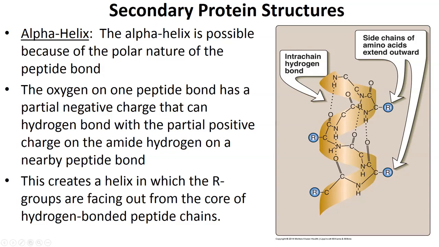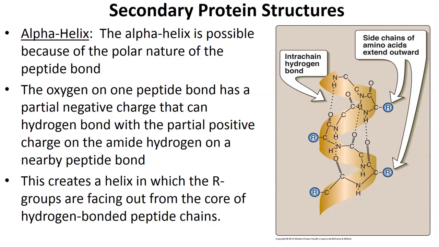Both the alpha helix and the beta sheet are made possible because of the polar nature of the peptide bond. So that's going to be the key to whether something is a secondary structure versus the next level of structures that we're going to see, tertiary and quaternary structure. The secondary structures only involve hydrogen bonding using the peptide bond in the core of the protein.